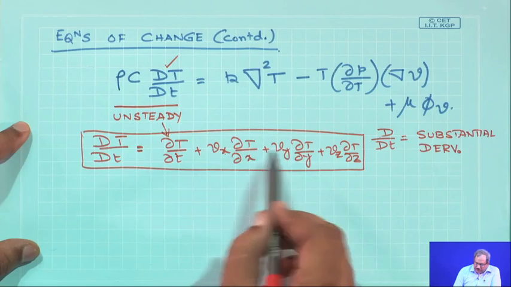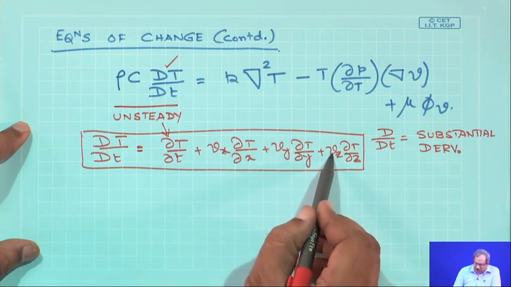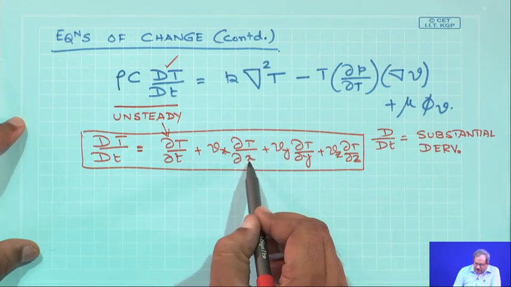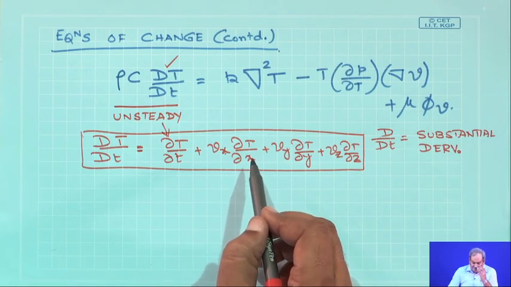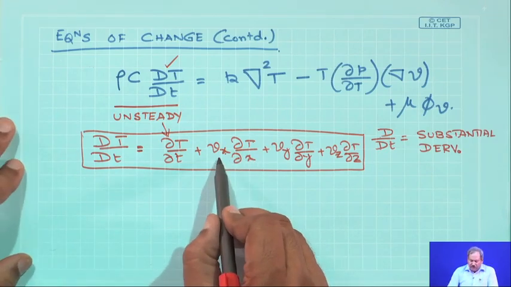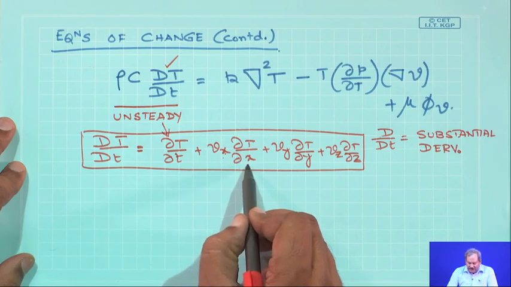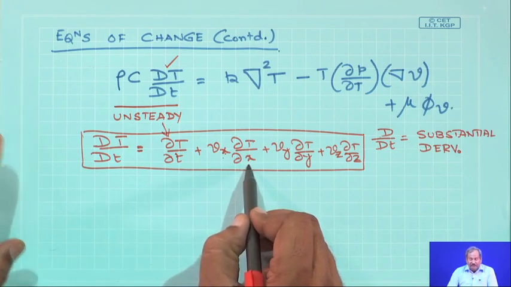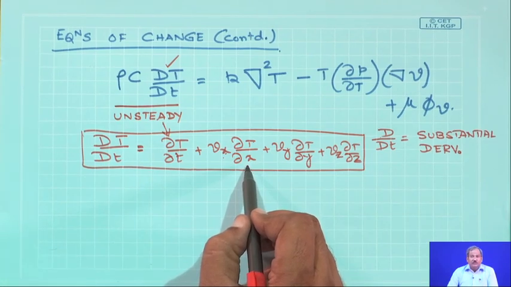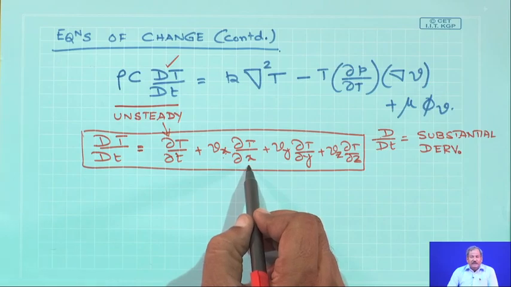What about the terms Vx, Vy, Vz with a temperature gradient? Whenever you have velocity associated with any term in the energy equation, that should refer to convective flow of heat, because only in convection do you have velocity associated.